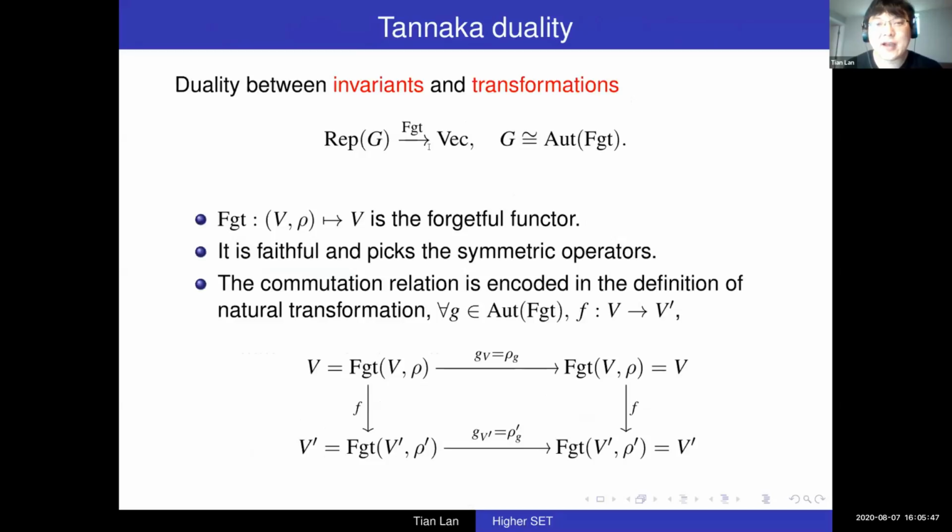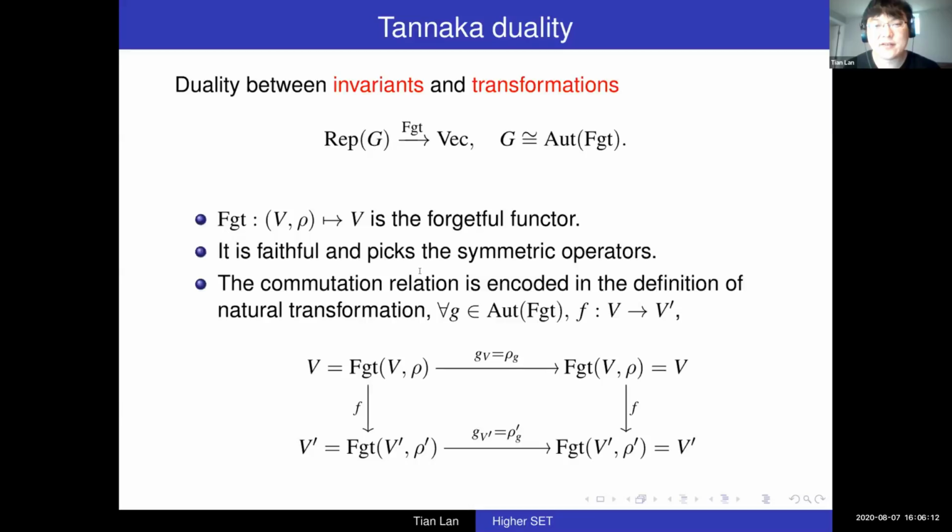And if you supply a fiber functor here, in this case just the forgetful functor from Rep G to Vec, then you can reconstruct the symmetry group by taking the automorphisms of the fiber functor. These two are just equivalent descriptions of symmetry.